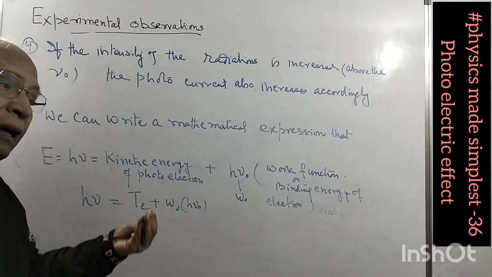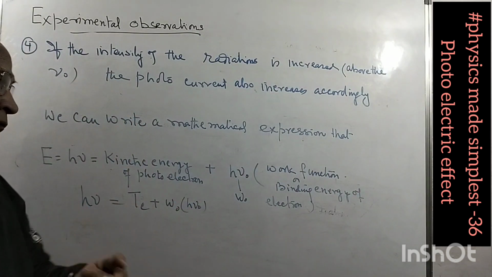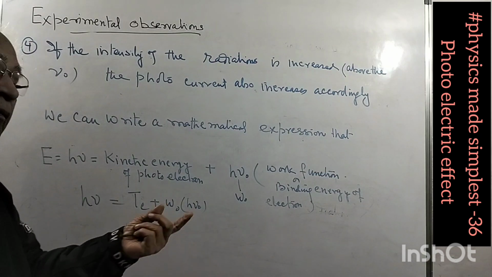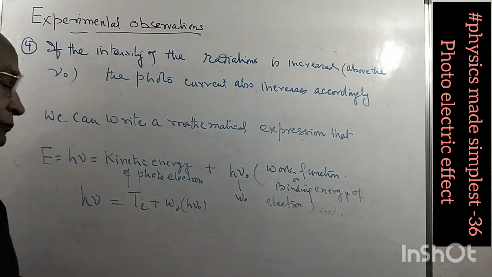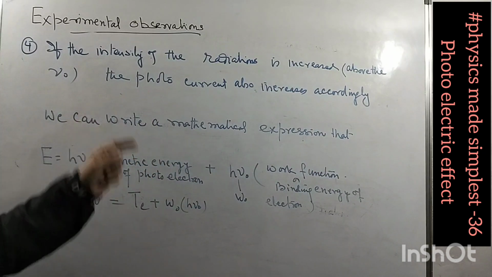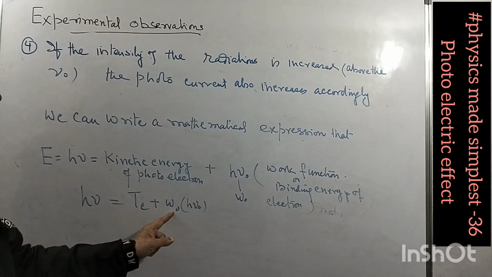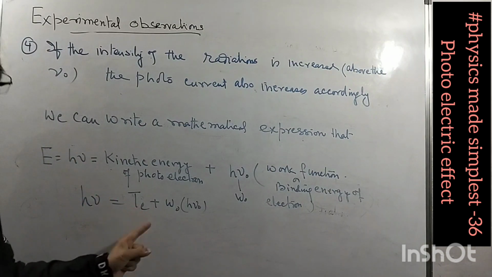The energy required to remove the electron from atomic shell, that is called work function, or the minimum, that is the threshold energy. So if the frequency is increased above this, that nu increases means energy increases. Of course this is constant, obviously this will increase.